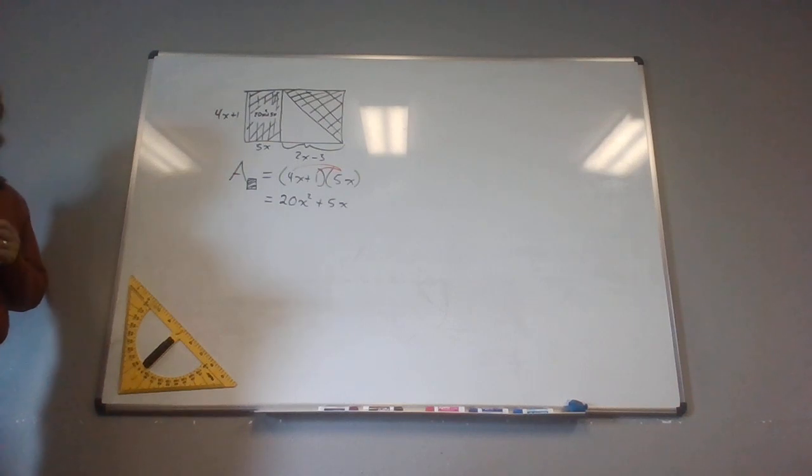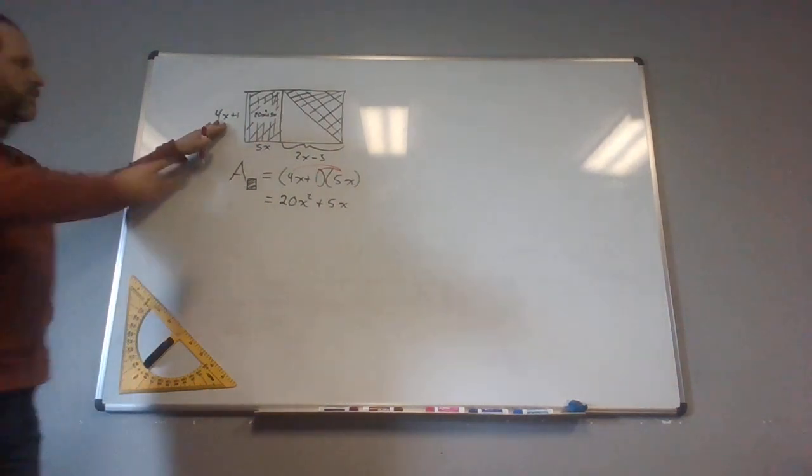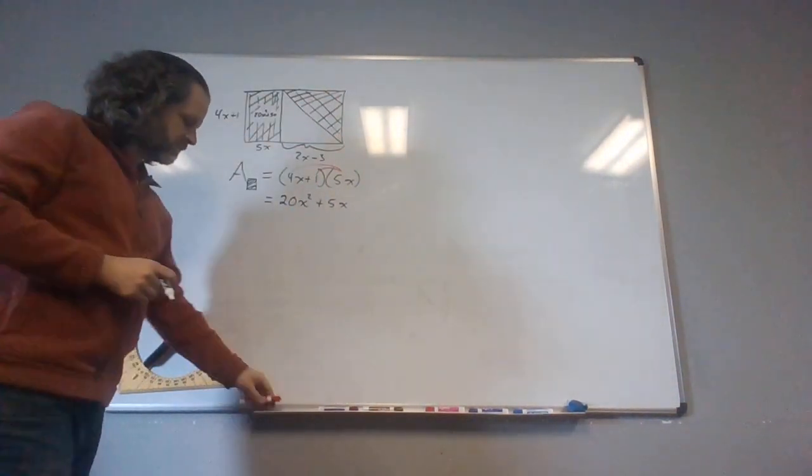Now what could we do? 2x minus 3 times 4x plus 1 divided by 2, because the formula for area of a triangle is base times height divided by 2. So this one, which is the same as this one, times this one divided by 2. That sounds great.